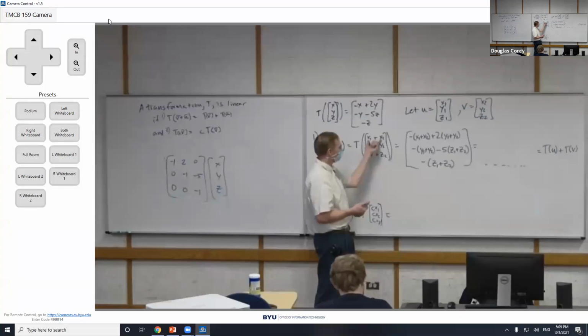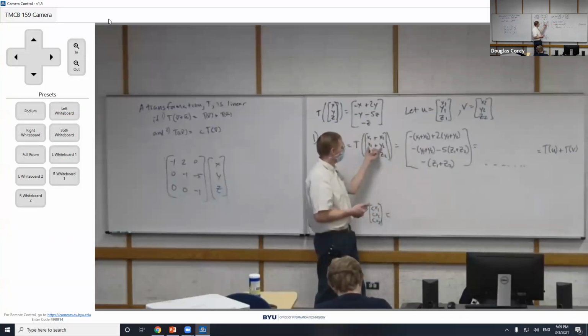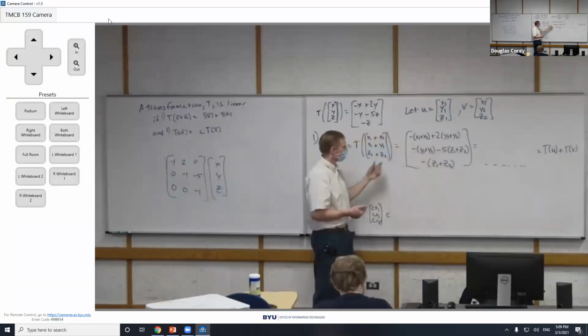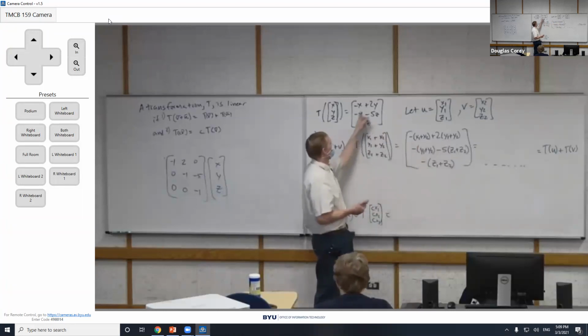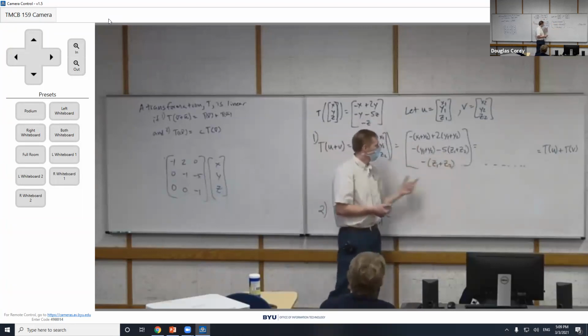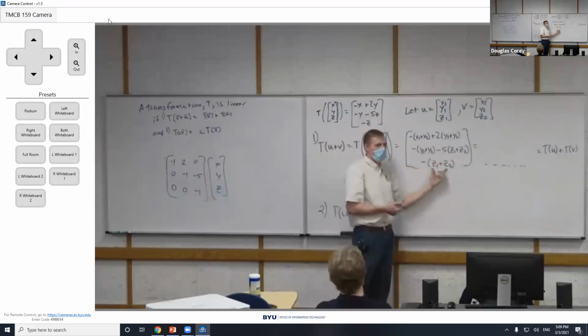So I take the old x, subtract it, and take 2 times the old y, and I add that there. The new y is the opposite of the old y. Subtract the old y, subtract 5 times the old z. So I subtracted the old y, subtracted the old z, and the new z is the opposite of the old z. So I've rewritten it this way.